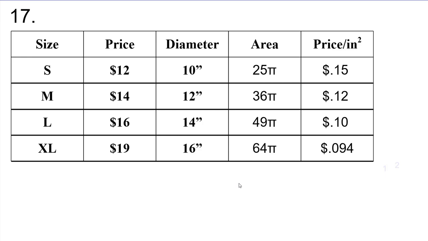But the difference whenever we are comparing a linear graph to a curved graph gave us the reason why we'd expect the unit price per square inch to decrease, because our prices were not growing exponentially. They were growing linearly for the most part, while the area was growing exponentially, which is really, really cool.